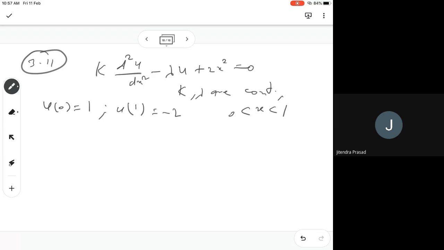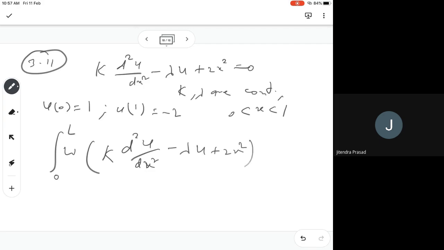But in order to find a weak formulation, what do you do? Very simple. You do the same as we do. From 0 to L, W multiplied by k d square u dx square minus lambda u plus 2x square, dx, is equal to 0.